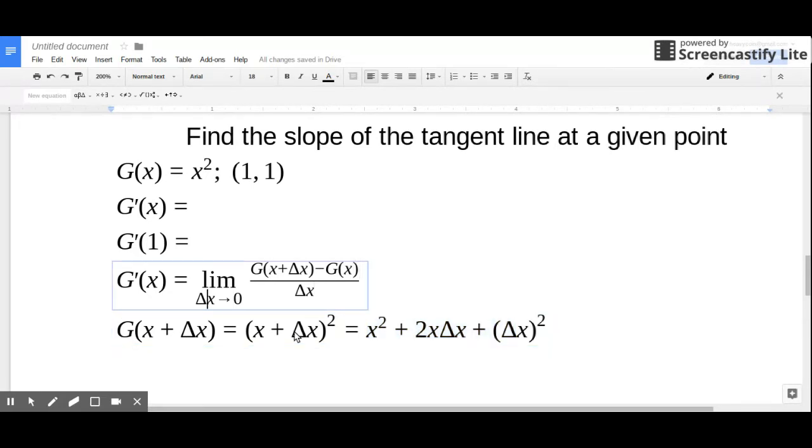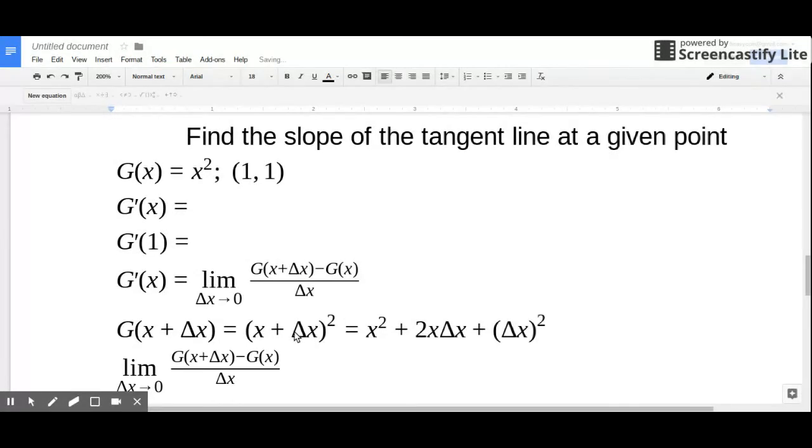Okay, so I'm going to go ahead and rewrite the limit. Now we'll go up here in the denominator, because we're going to want to substitute that in right here.